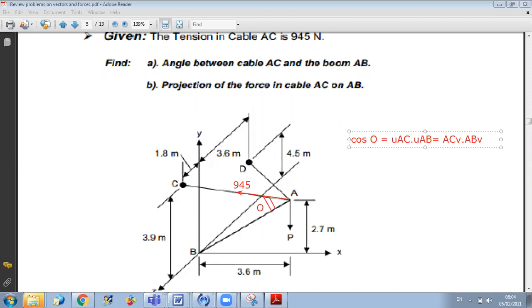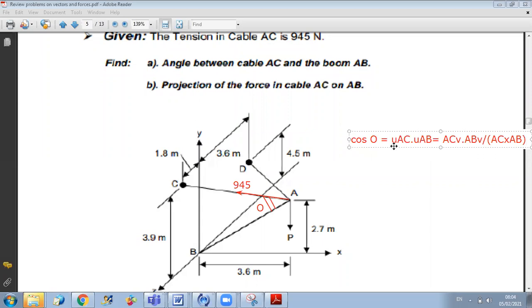The two are equivalent because if I take AC vector over AC magnitude, I get the unit vector of AC, and if I take AB vector over AB magnitude, I get the unit vector of AB. So I can do both.